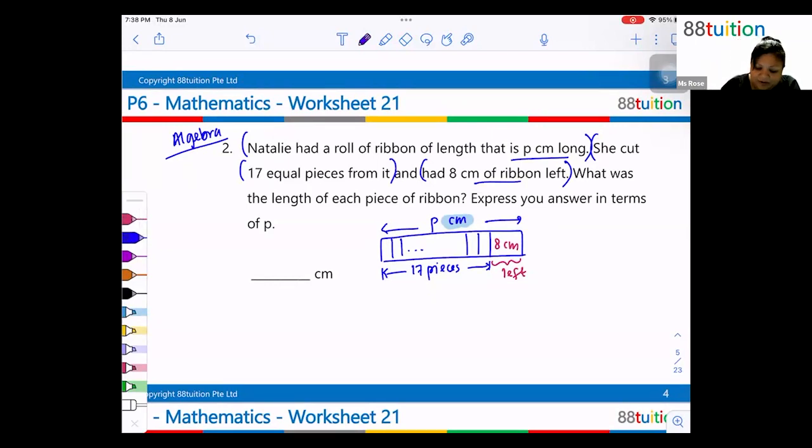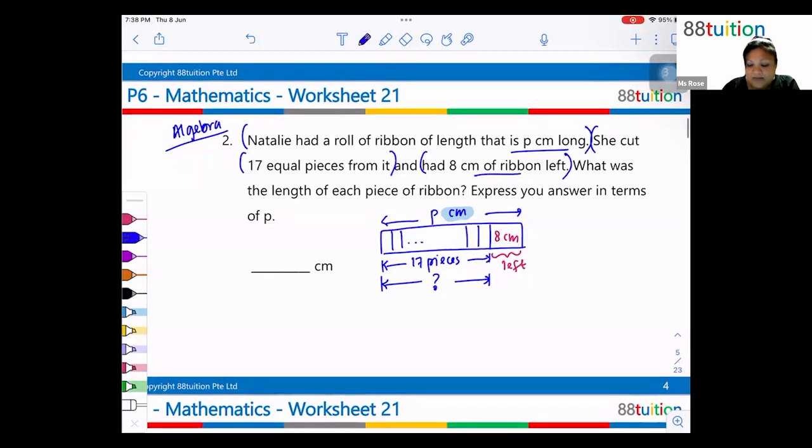Okay. So what I ask you is this. If I take P, the length of this is P minus 8, because I removed the 8 cm.